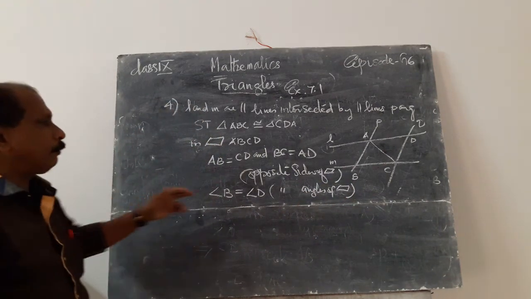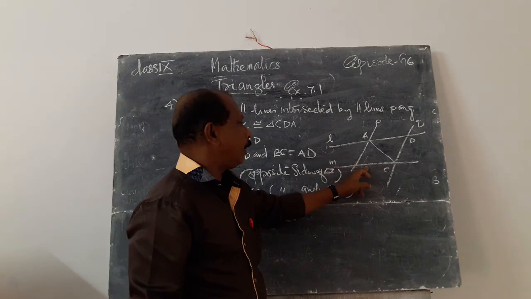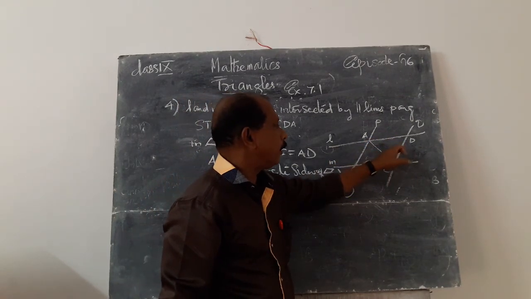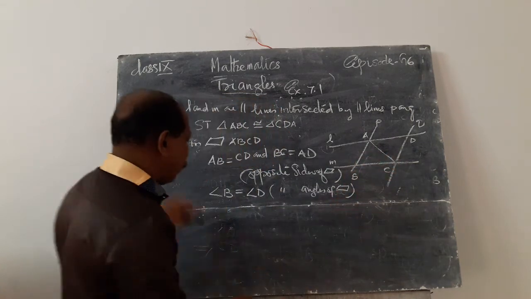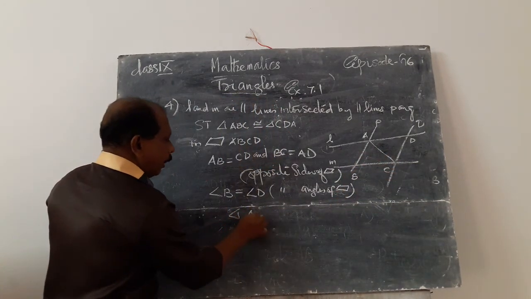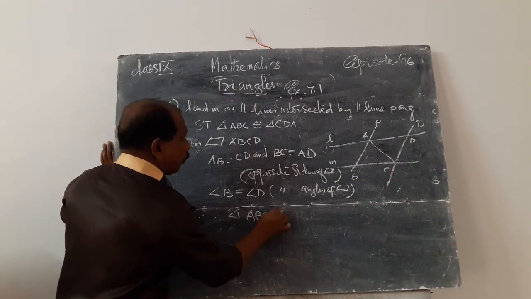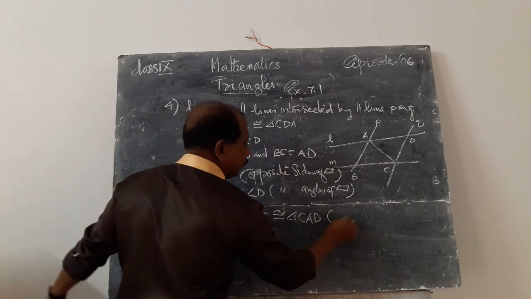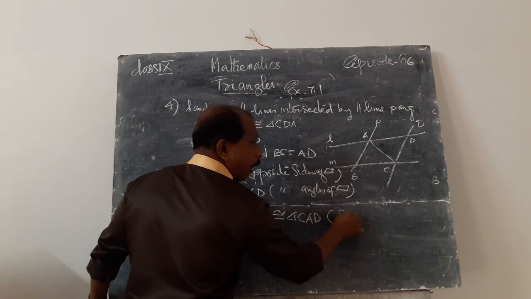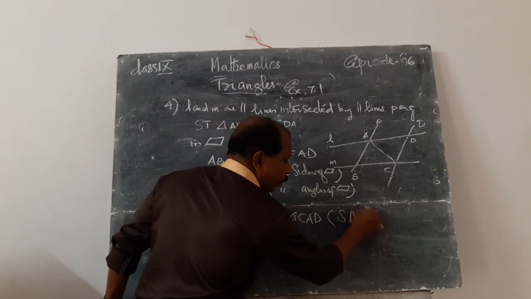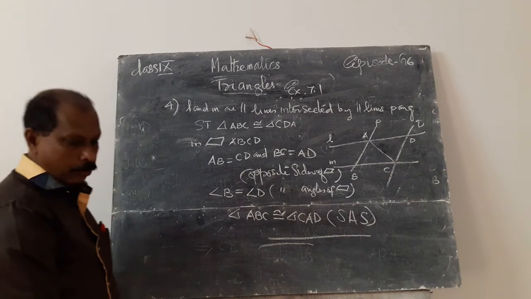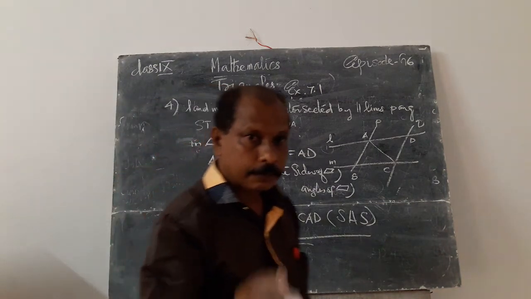That is the reason. Therefore, side angle side. Therefore, triangle ABC is congruent to triangle CDA. What is the reason? Side angle side property. That is the answer to the fourth question.